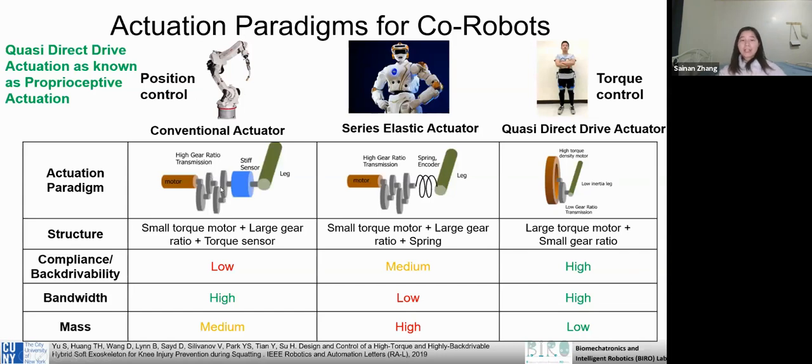Since the conventional actuator has a high gear ratio box, if there is a small friction here, it will be amplified to a large one. And for the small motor inertia, when we rotate the leg, there is a relation: the gear ratio amplifies the inertia as a square.